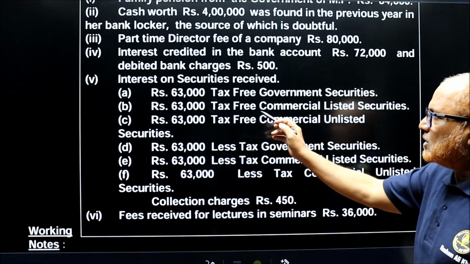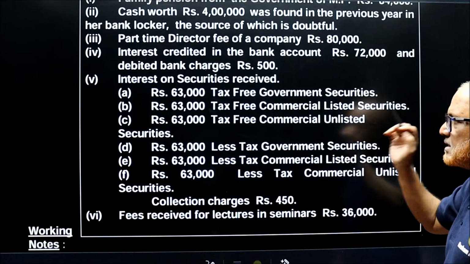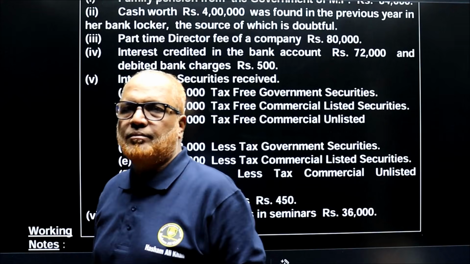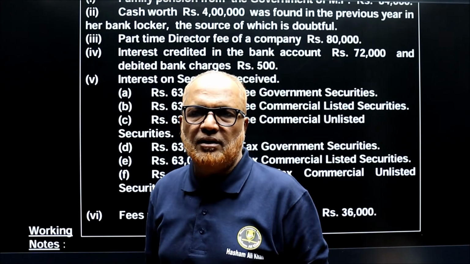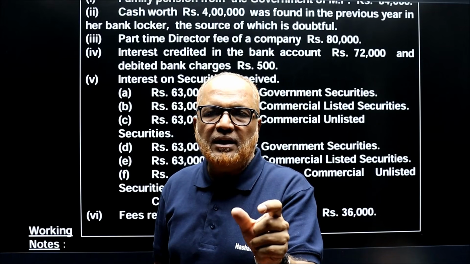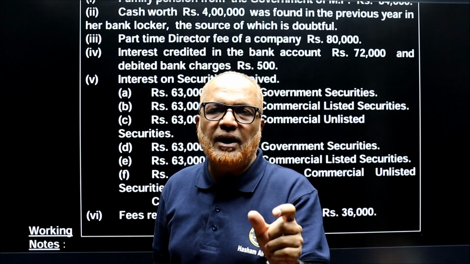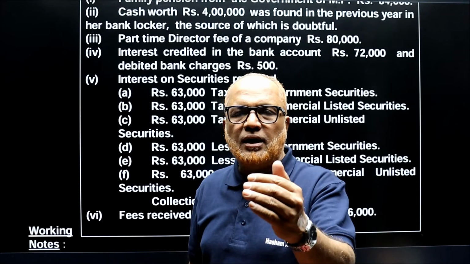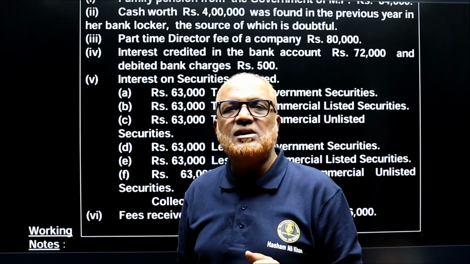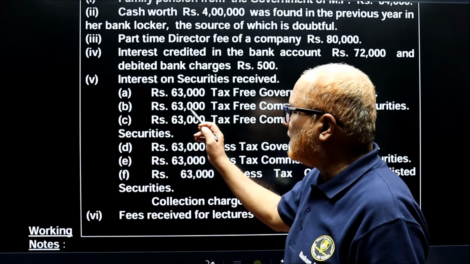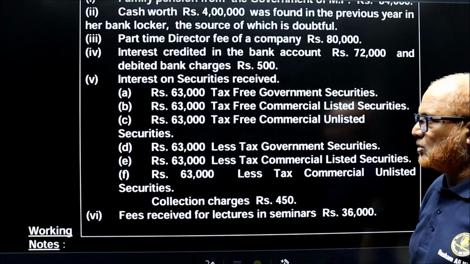Whereas 63,000 tax-free commercial listed security, if it's a commercial security, tax-free commercial security, now we have to gross up. Gross up amount is equal to net interest into 100 by 90. So here 63,000 into 100 by 90, you will get 70,000. That 70,000 is the gross interest for tax-free commercial listed security.